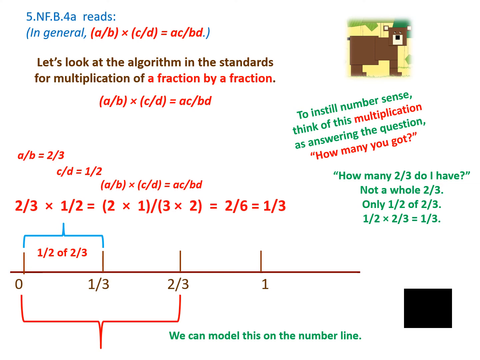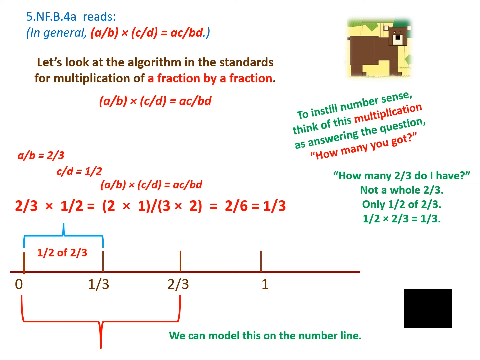In this example, a over b is 2/3, and c over d is 1/2. a/b times c/d will equal a times c over b times d. 2/3 times 1/2 will equal 2 times 1 over 3 times 2, which equals 2/6, or 1/3.